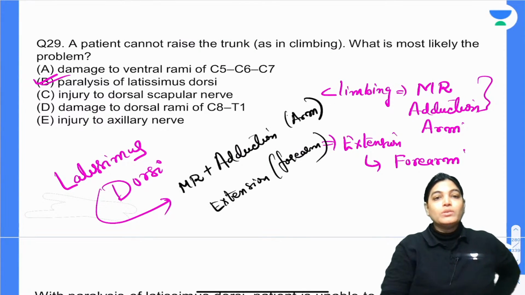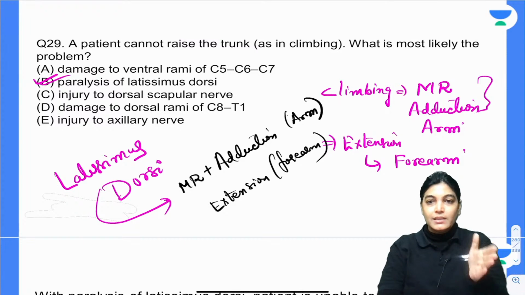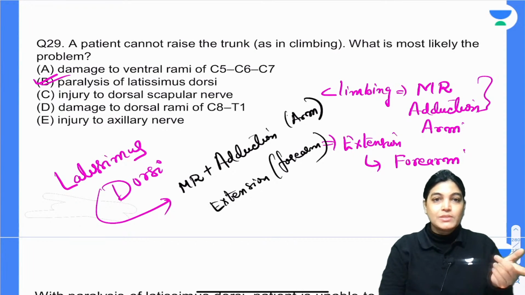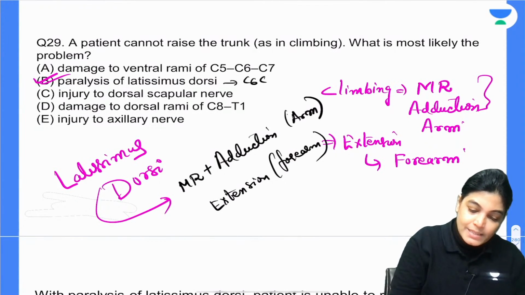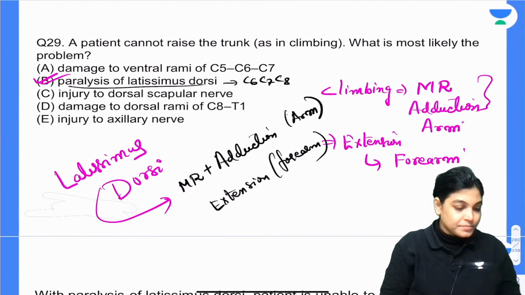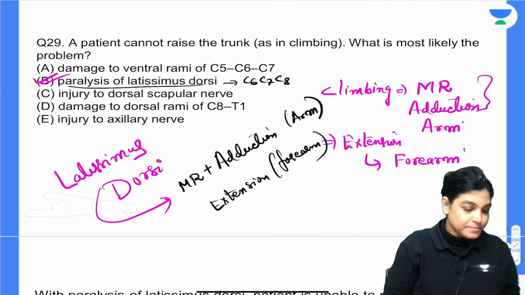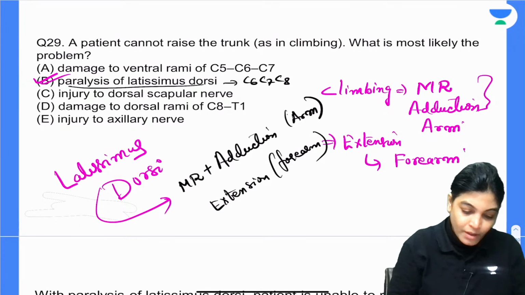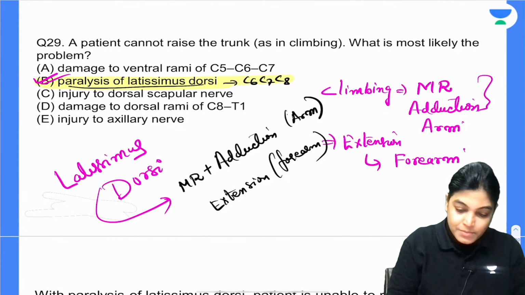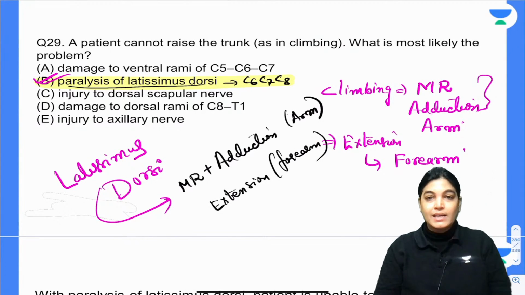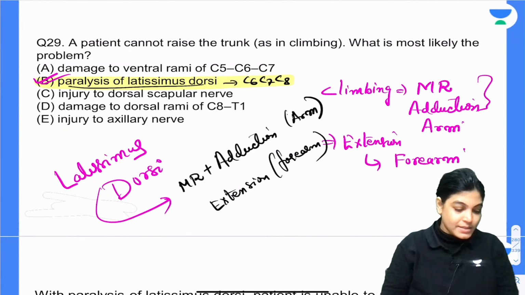Latissimus dorsi, and we know that the latissimus dorsi innervation is by the nerve to latissimus dorsi, which has the root value C6, C7 and C8. So we have got B as the correct answer. Okay, got it? Paralysis of latissimus dorsi. So we have got B as the correct answer.